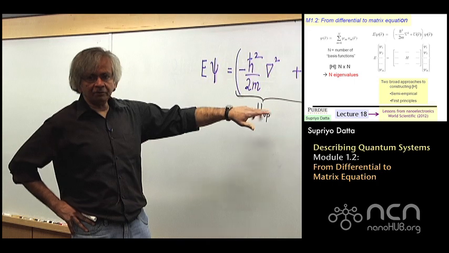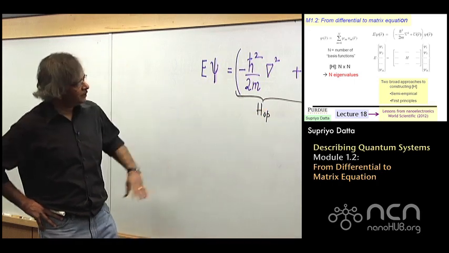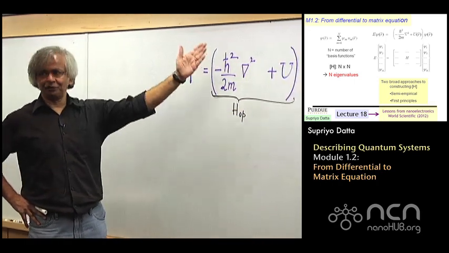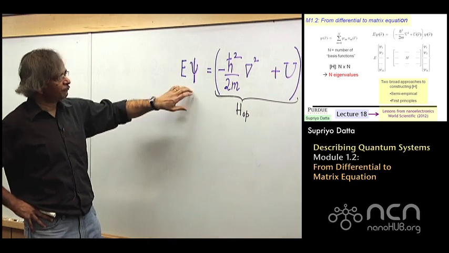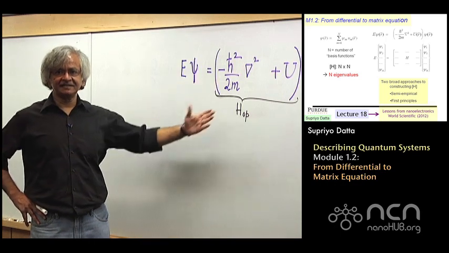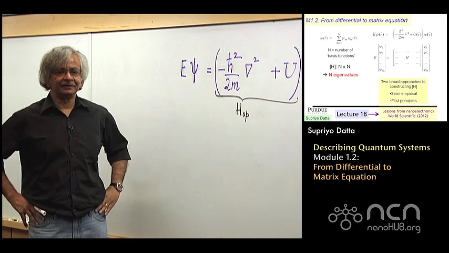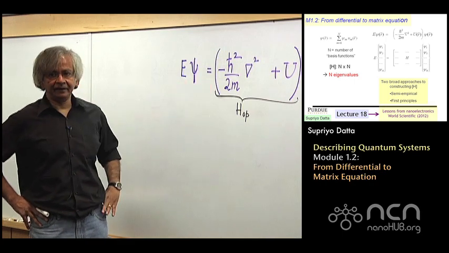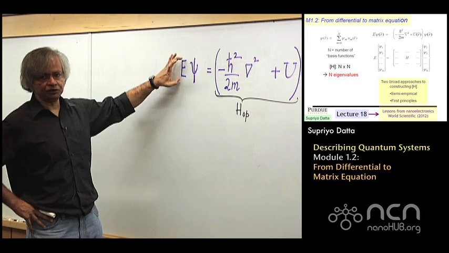And what we did in Module 1 is I briefly introduced this Schrödinger equation, this differential equation. And as I mentioned, one of the first successes of this equation was that it predicted the correct energy levels of the hydrogen atom.